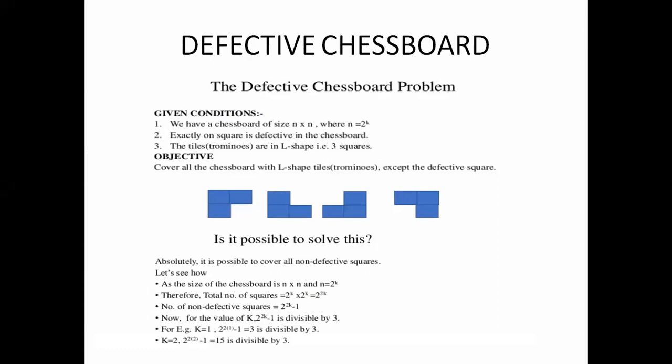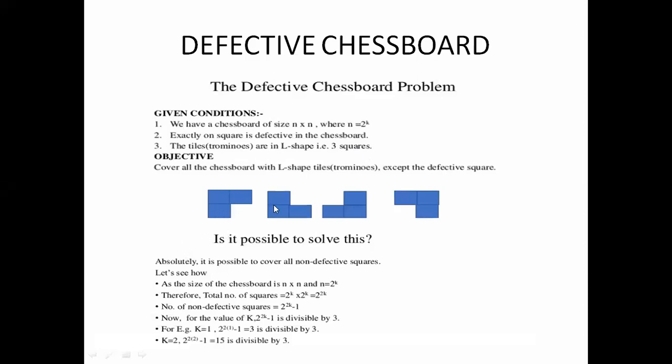Here only the chessboard is taken, and in that one square is defective. To solve the defective chessboard problem, we use tiles in L shape, which we call trominoes. Each L shape consists of 3 square elements. Each tromino is represented in this way.